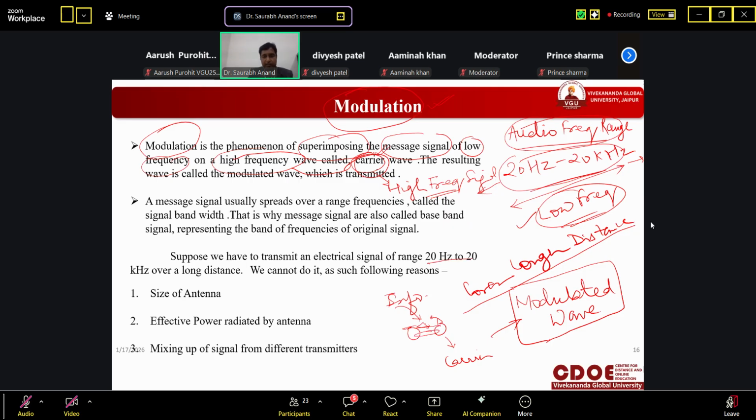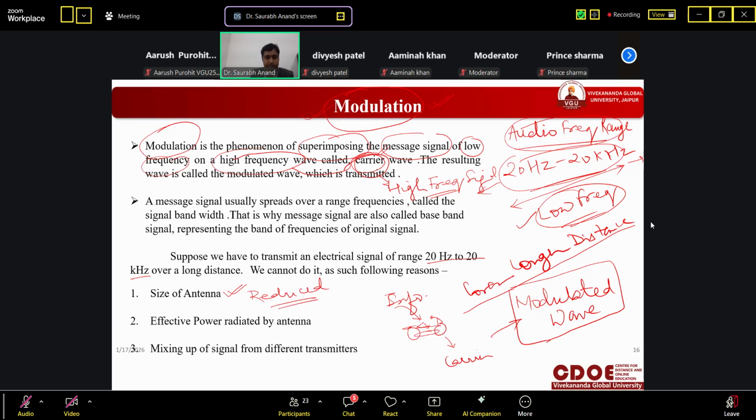So this is the frequency range that we already discussed. We want to send or transmit the low frequency range signal. It can be between 20 Hz to 20 kilohertz, and it is not possible to send this signal without any process. So modulation is the process through which we can send it. And if we use modulation, the size of the antenna is also reduced.